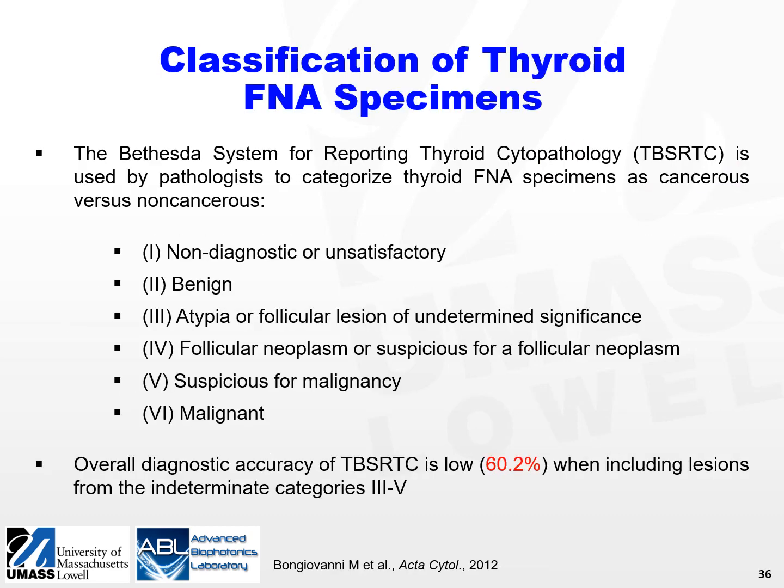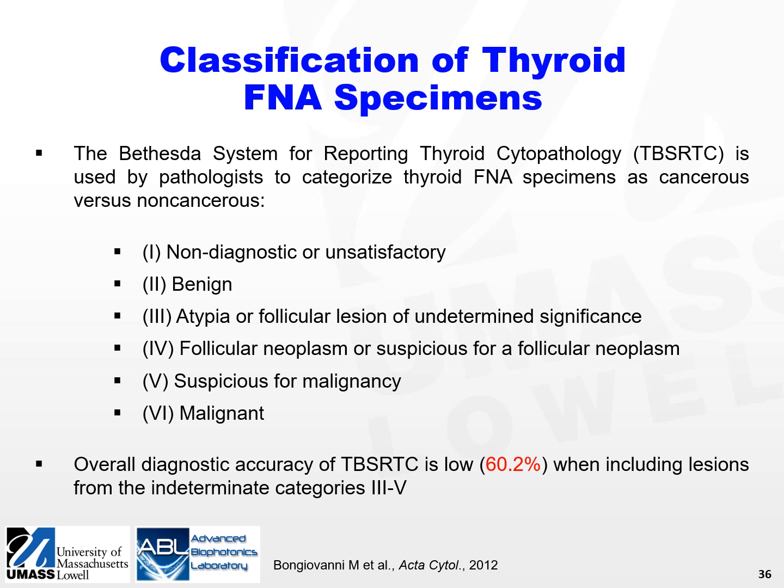The Bethesda system for reporting thyroid cytopathology is used by pathologists to categorize thyroid FNA specimens as cancerous versus non-cancerous. What's important to know is that there are 6 categories. Category 1 is non-diagnostic or unsatisfactory samples.